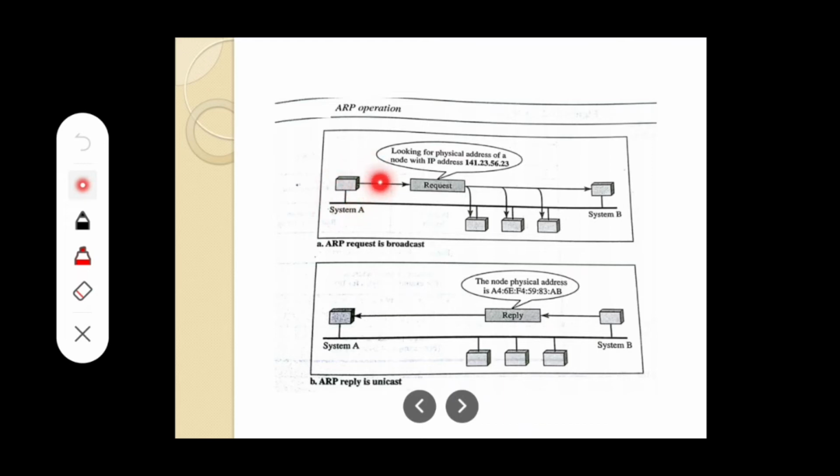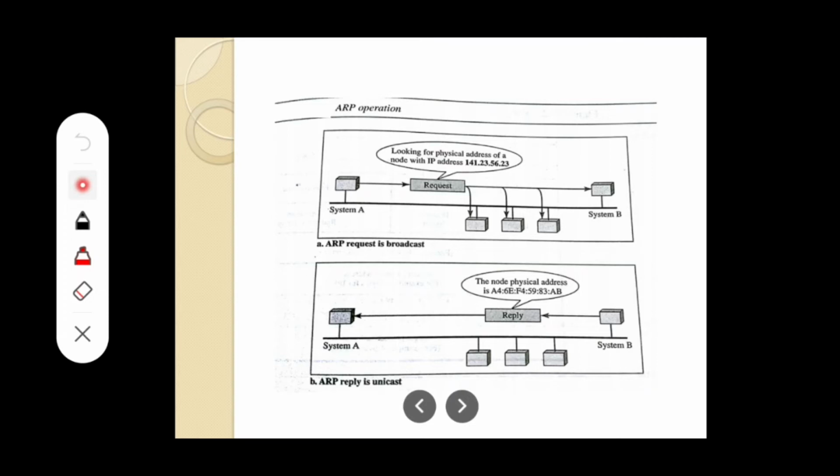Here system A is looking for the physical address of the system. So he wants to know the MAC address of each and every individual router or host that is in between system A and system B.